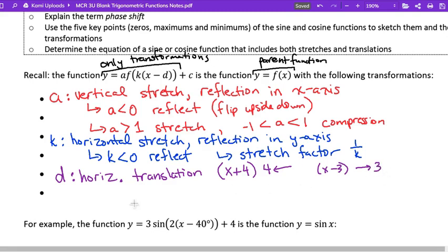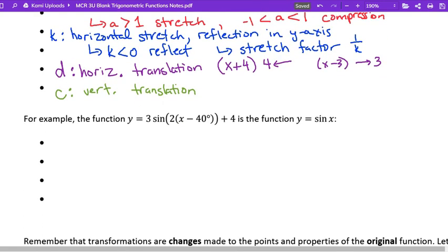Right. So everything related to horizontal transformations is always a little messed up. Vertical is nice and easy, it's what you see. The last one is c, our vertical translation. If c is 2, we shift 2 up.